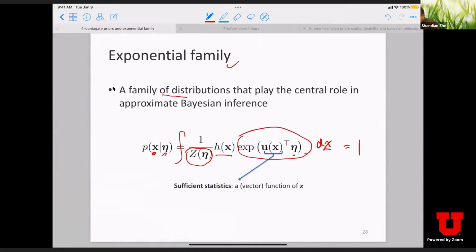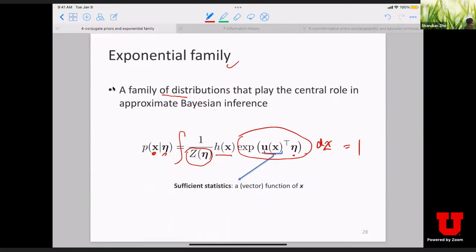And u of x, which is a transformation of the random variable x, is usually called the sufficient statistics. This is consistent with the definition we introduced before, because we will have a set of data, x1, x2, and so on, observations of x.